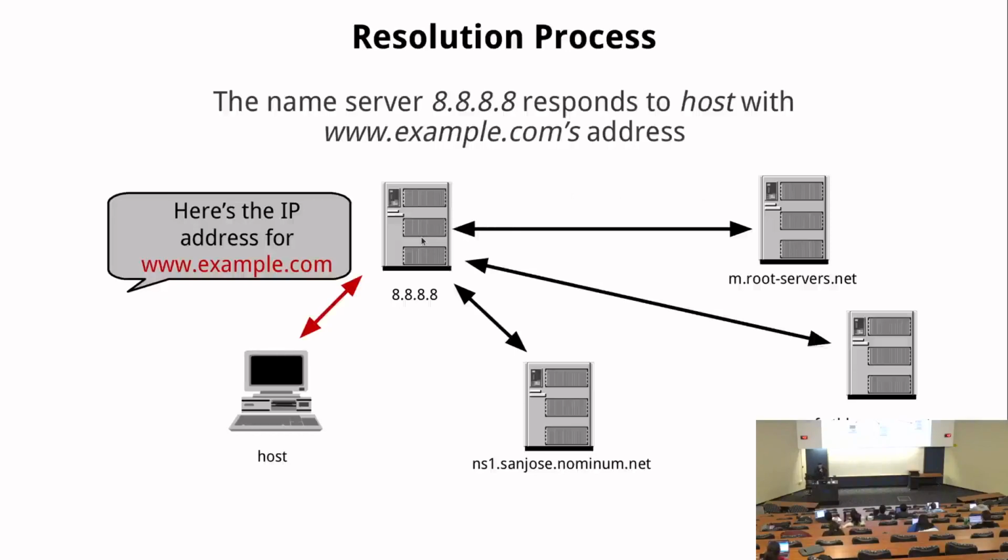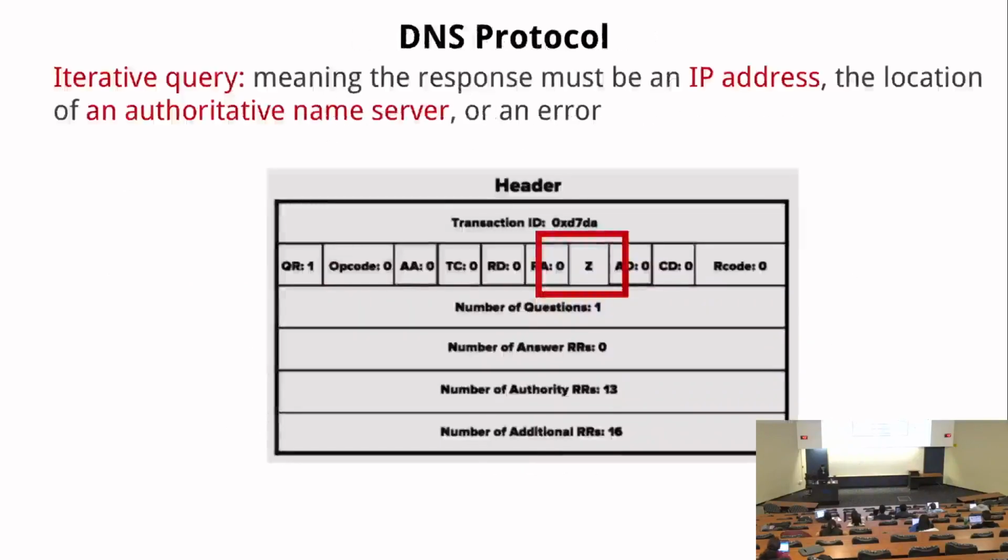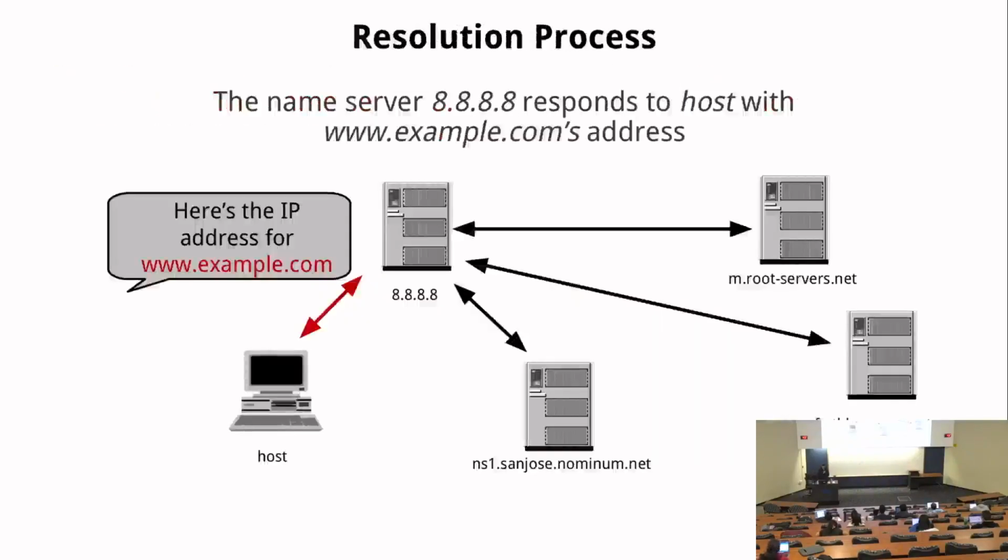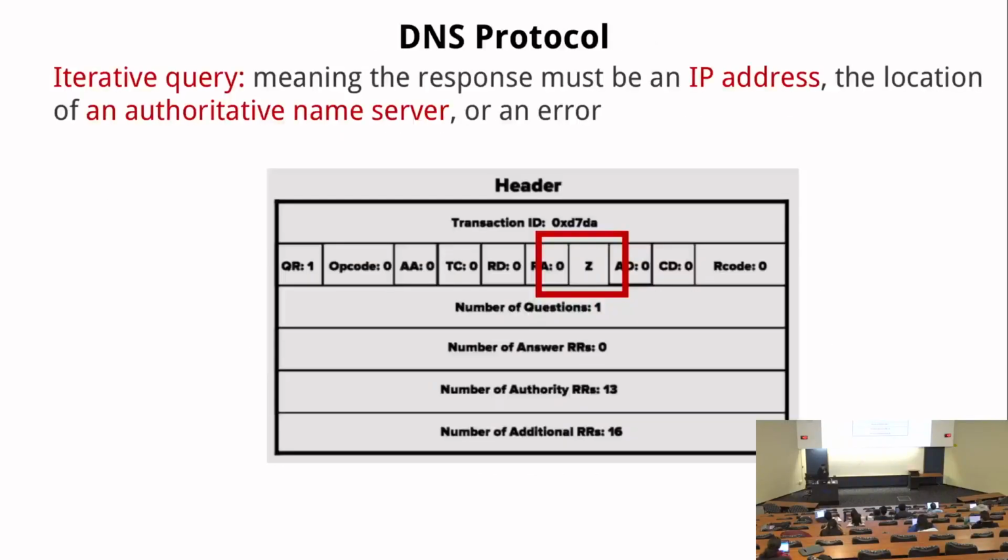The host is asking what is the IP address for 3w.example.com. Then the Google DNS server will ask all those servers we showed before to figure it out and tell the host what the IP address is.